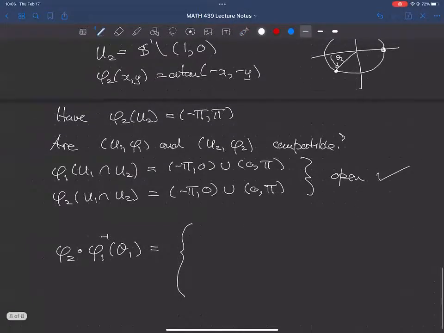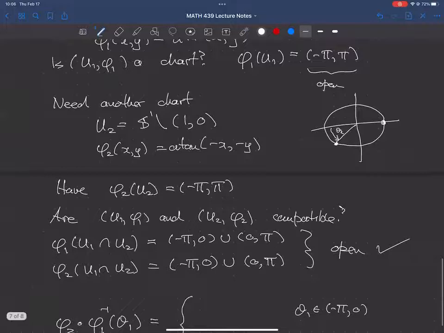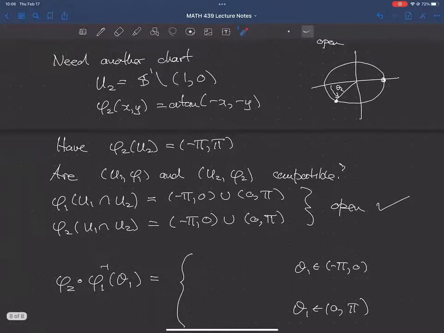First I'm going to consider the case where theta 1 is in minus pi to 0, and then the case where theta 1 is in 0 to pi. Again, I'm expressing theta 2 as a function of theta 1. So here's a point down here with its angle theta 2. How do I express theta 2 as a function of this angle, which is theta 1?